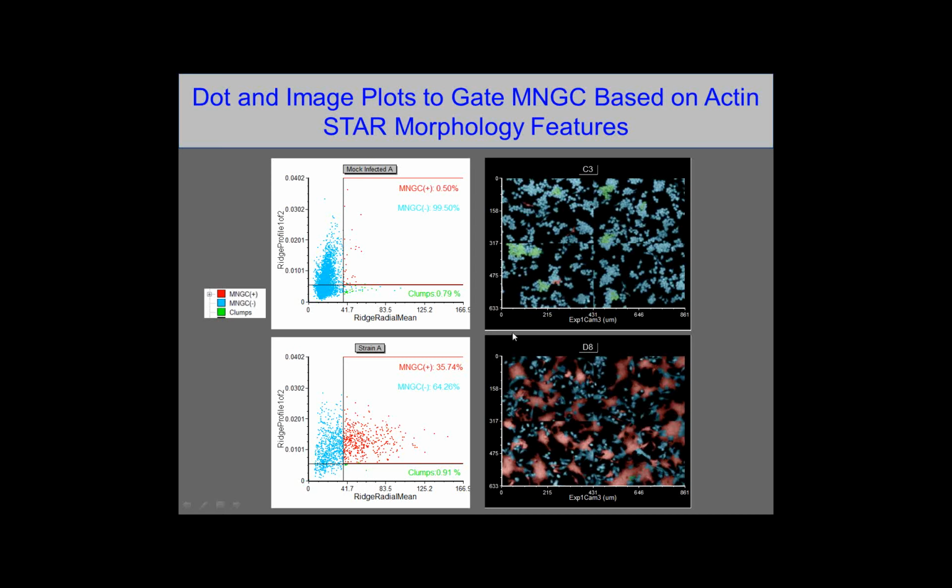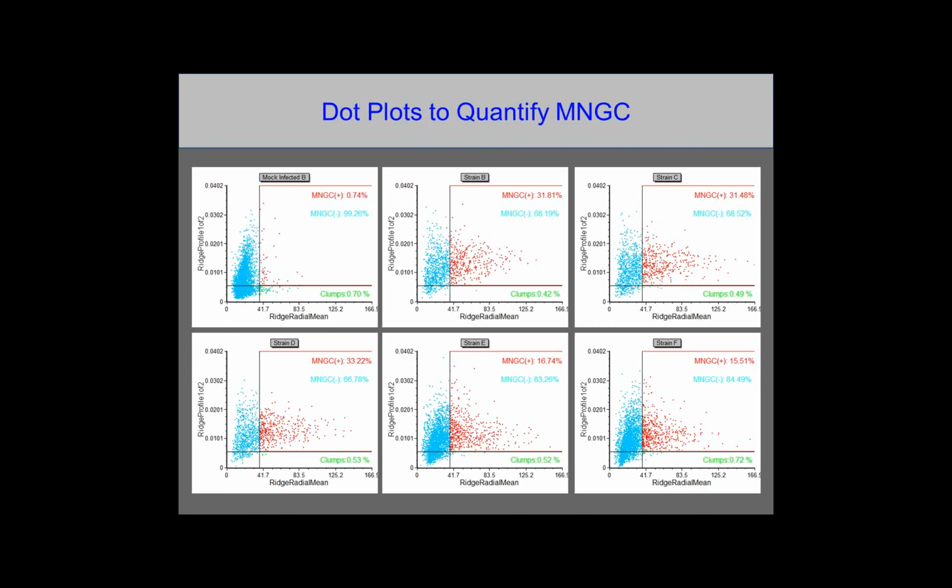Also, importantly, this dot plot gating strategy allowed us to filter out the false positive clumps that you can see here colored in green. These are clumps that are formed even in the negative control due to the fact that these cells tend to be sticky, but we can definitely figure them out in subsequent steps of the analysis.